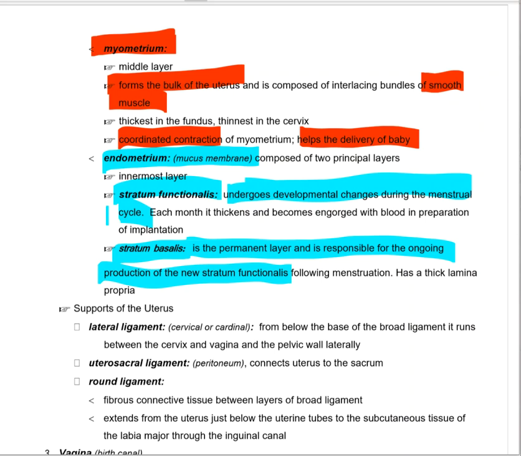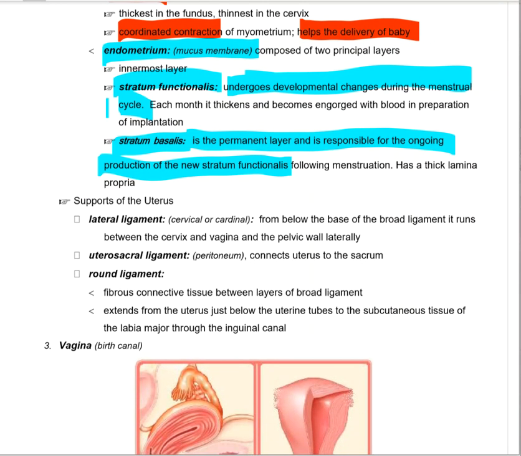Now there are some ligaments that hold the uterus in place as well. And I'm just going to name them, but I'm not super worried about them right now. We've got the lateral ligament, the uterosacral ligament, and the round ligament, and that holds at different angles.